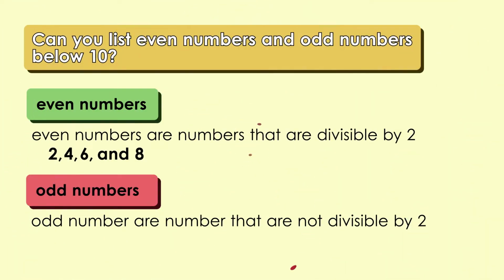Odd numbers are whole numbers that cannot be divided exactly into pairs. Odd numbers, when divided by 2, leave a remainder of 1. Odd numbers are 1, 3, 5, 7, and 9. Could you recall this? Excellent!